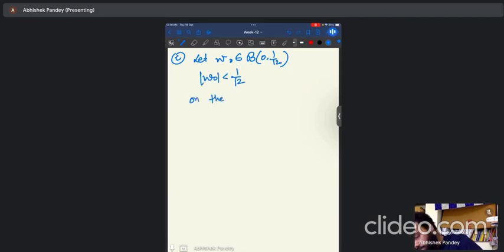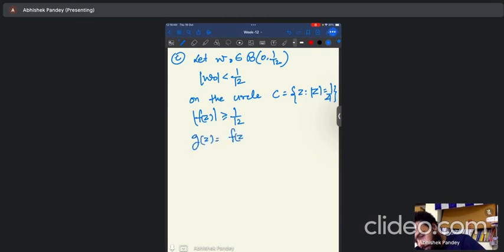On the circle, where |z| equals 1/4, |f(z)| is at least 1/12. So now let us write this one: |w naught| is less than |f(z)| for every z belongs to C.